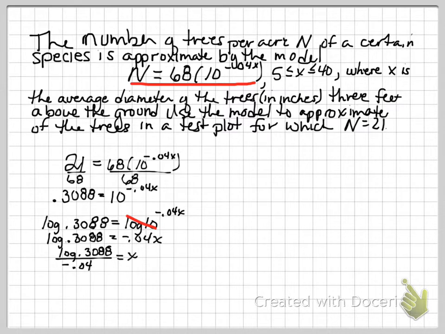Using your calculator, because it is asking for the approximate, so it's not going to be exact, x is going to be approximately 12.7581 inches. So the average diameter is going to be 12.7581 inches.